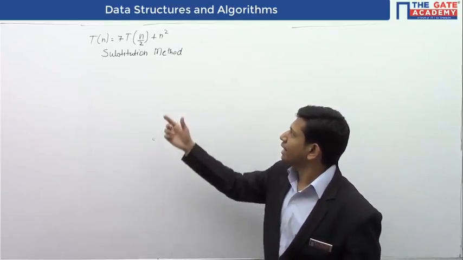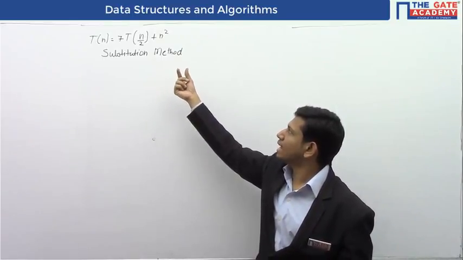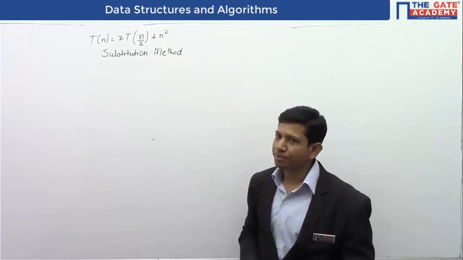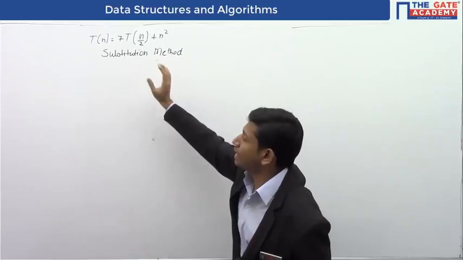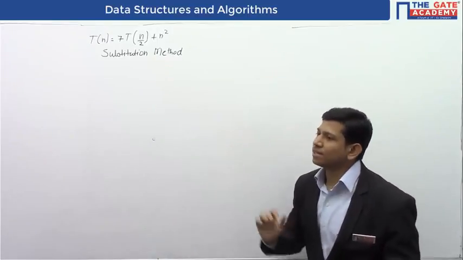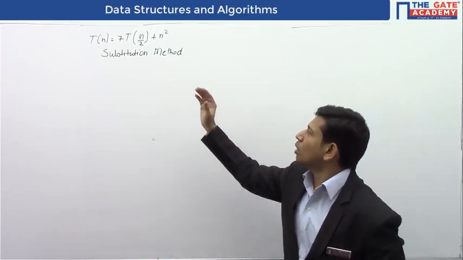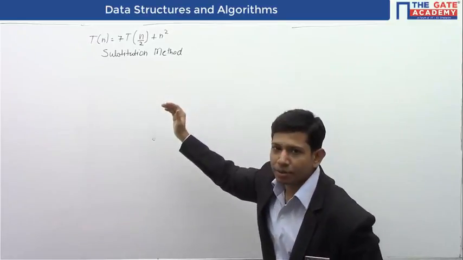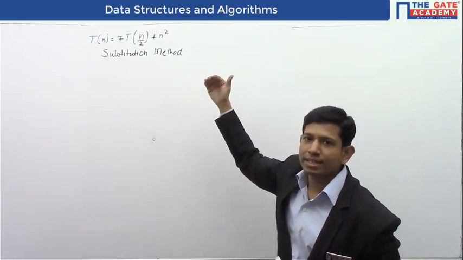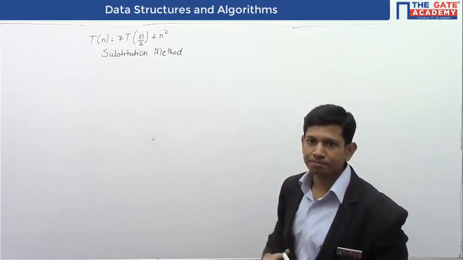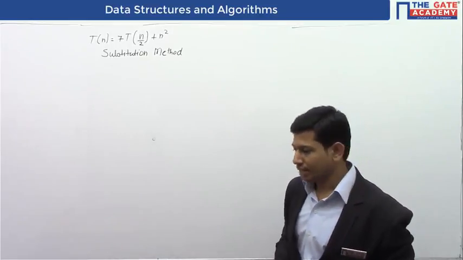So, T(n) = 7T(n/2) + n square. So, we have a relation between T(n) and T(n/2). Using this relation, we will find out the value of T(n/2) and substitute it in the place of T(n/2) in this given equation. Let's see how we will do that.